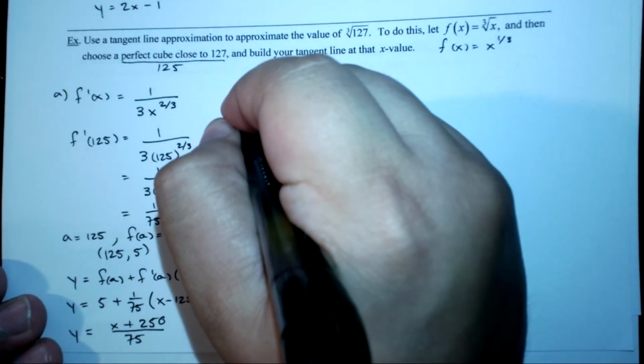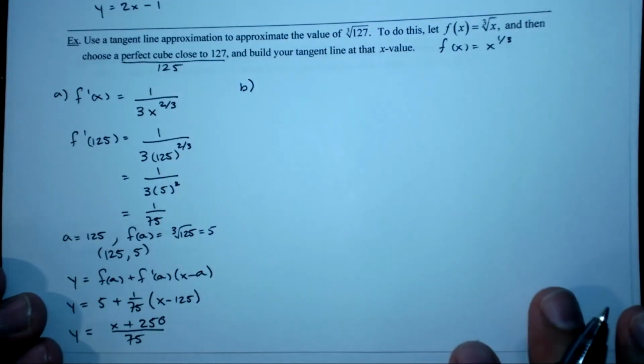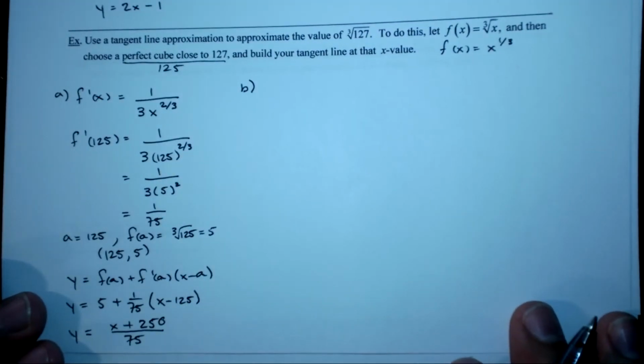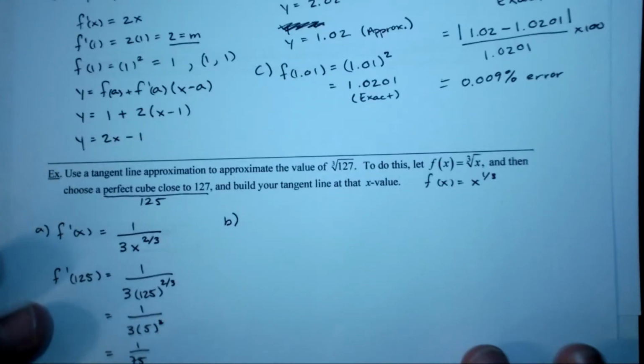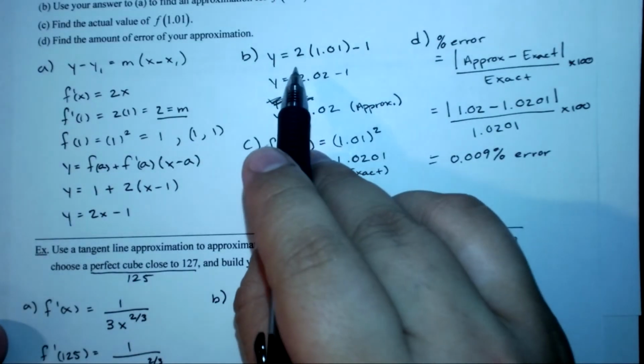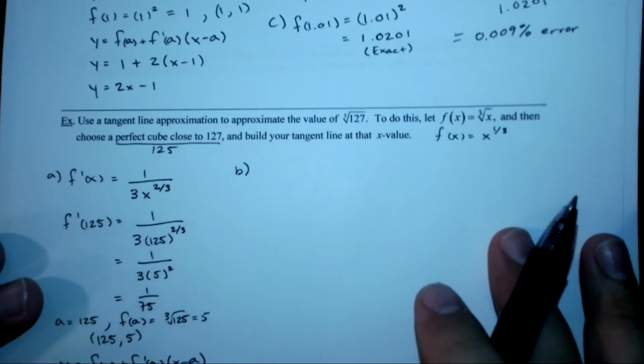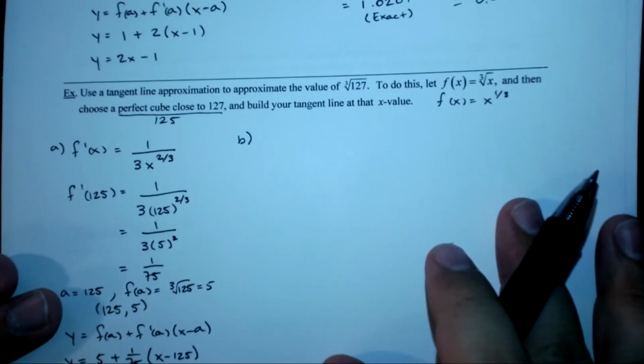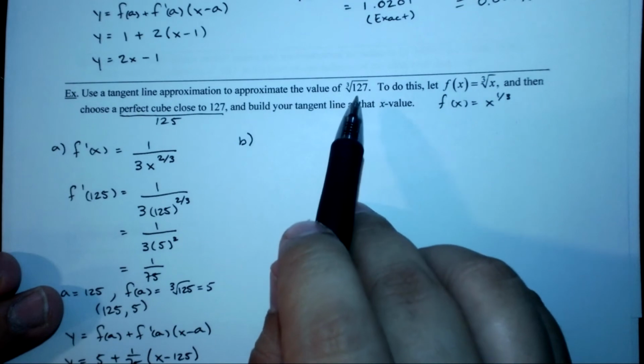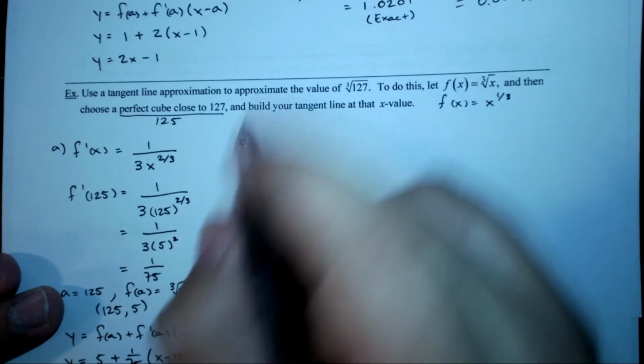So let's go back up here for part B. In part B, if you recall from the previous step, we used the equation of the tangent line to approximate our value at the value we're trying to approximate. In this case we're trying to approximate the cube root of 127, right?